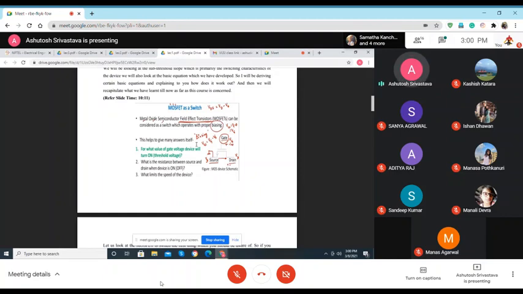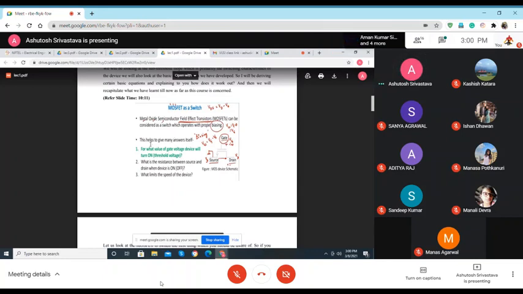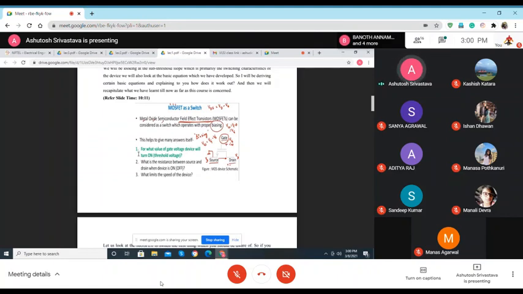Once that bias at the gate is achieved, the device is turned on, and in technical terms that voltage is the threshold voltage.